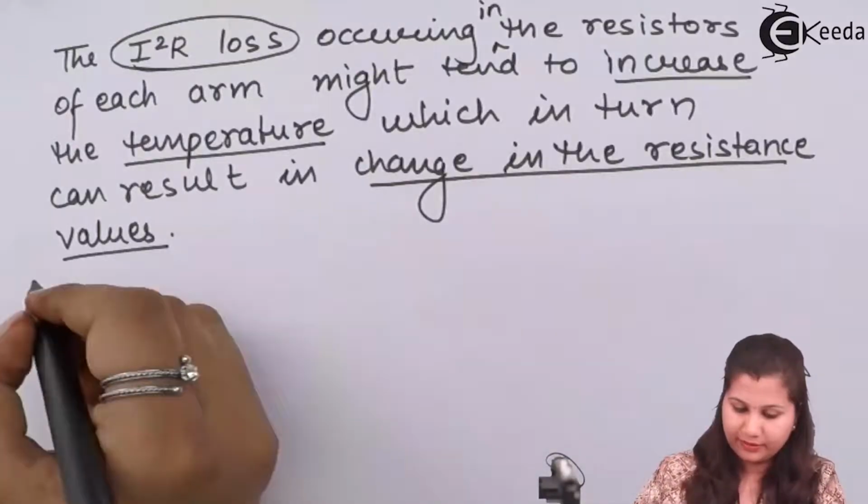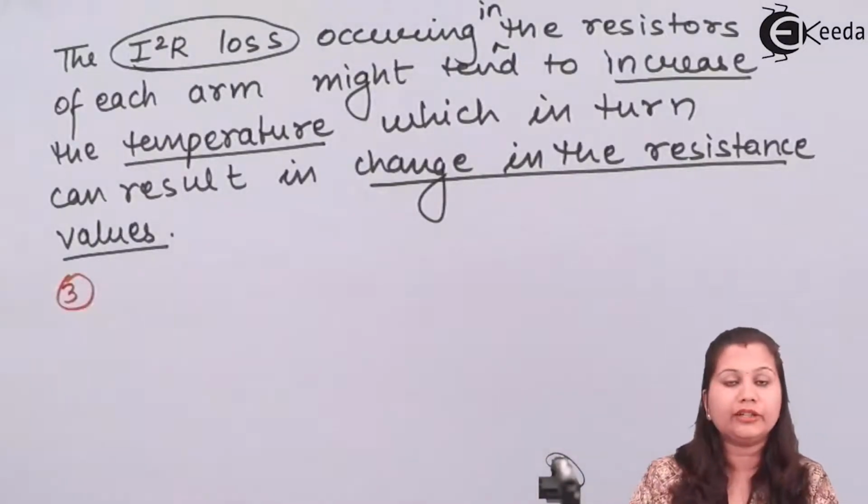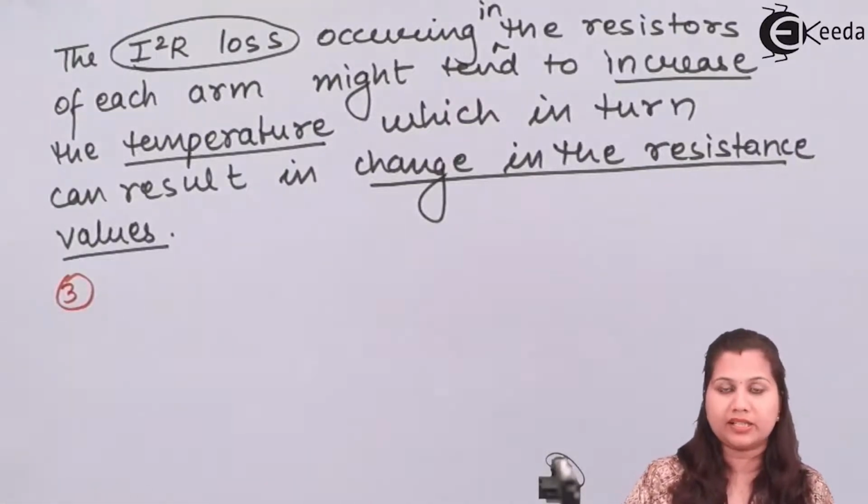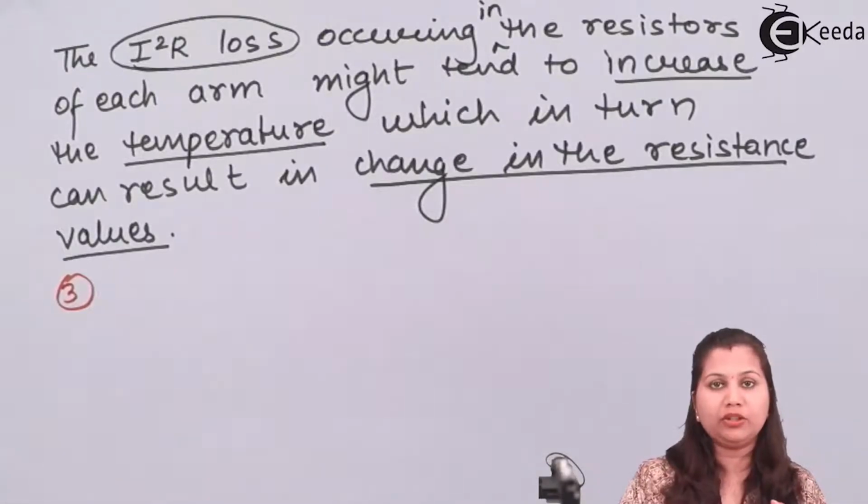The next error is the error due to the effect of the connecting leads between the resistors. The connecting leads which connect the four resistances P, Q, R and S will also have some resistance.